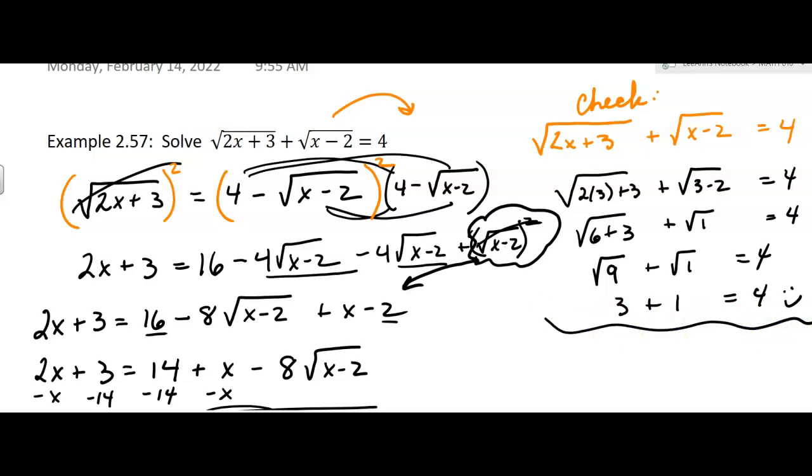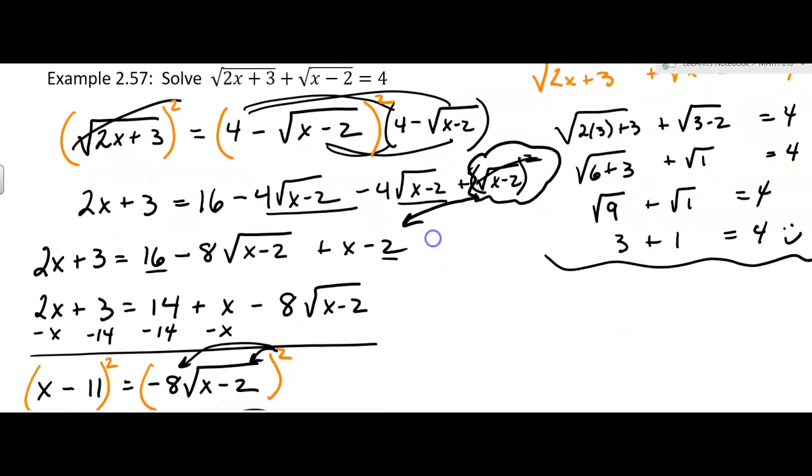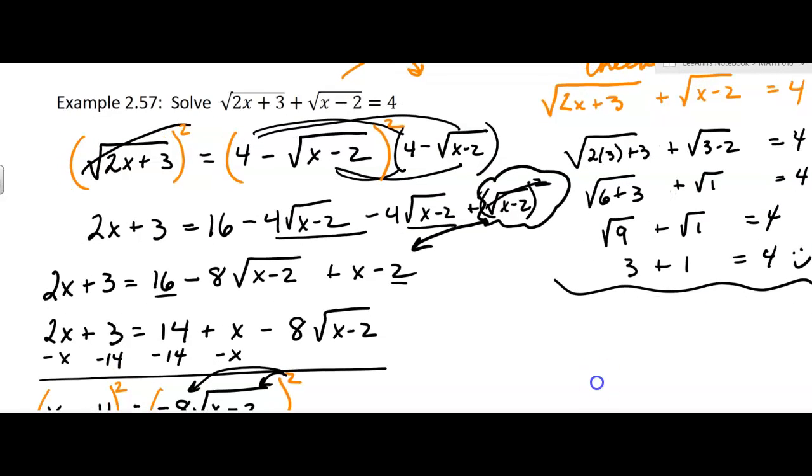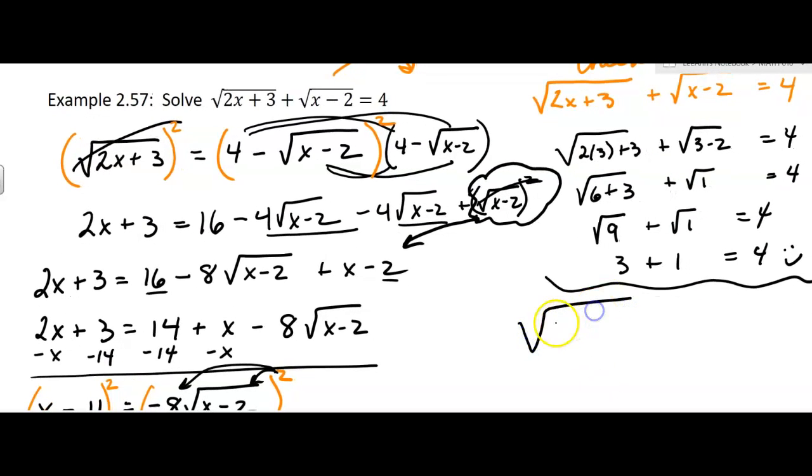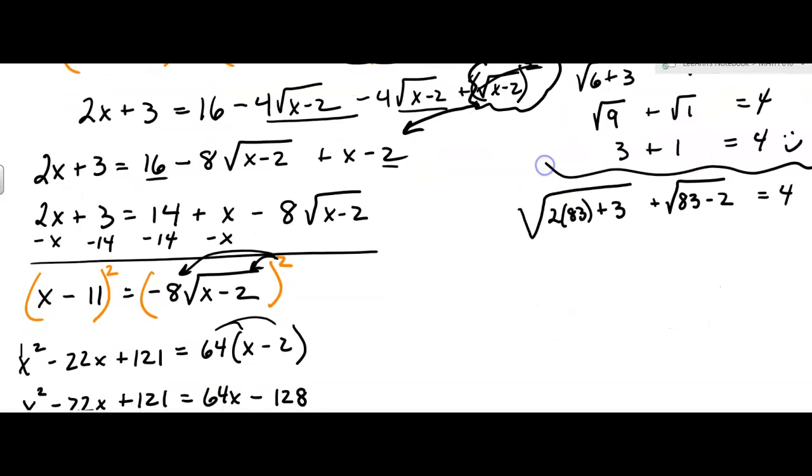Now we have to try the 83. Yikes. Okay, so I've lost my equation there. Okay, so it's going to be 2 times 83 plus 3 plus the square root of 83 minus 2. Does that equal 4? All right, well, that's going to be the question.